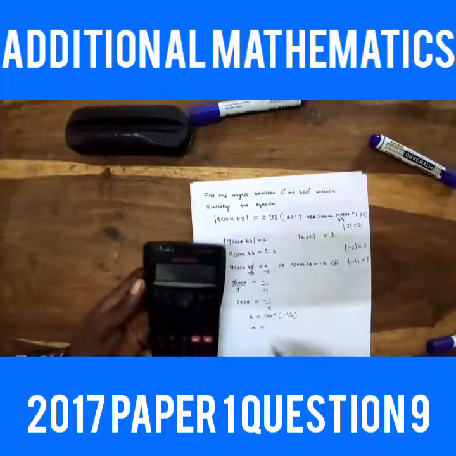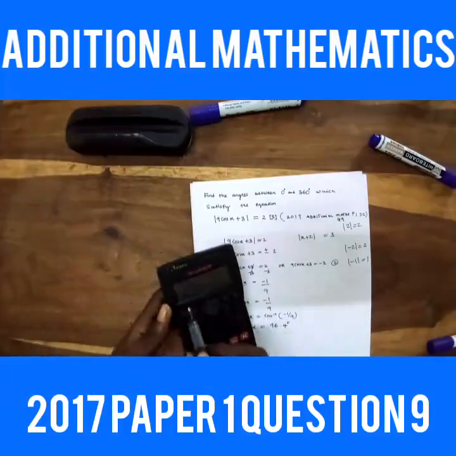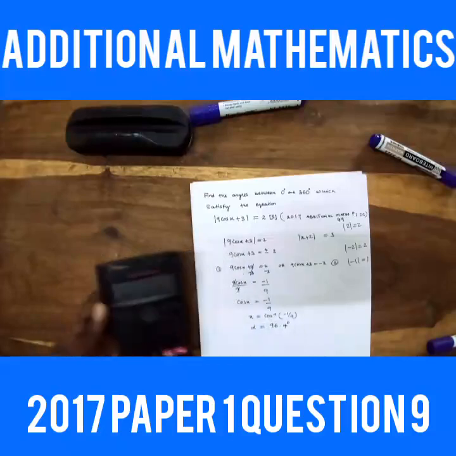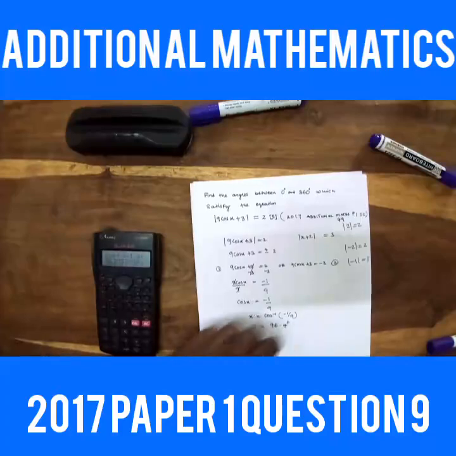So our alpha is coming out as 96.4 degrees. Since the answer is not exact, you need to leave your answer correct to 1 decimal place for angles in degrees. So the answer is coming out as 96.4. This is our alpha. Then this angle is in the second quadrant.